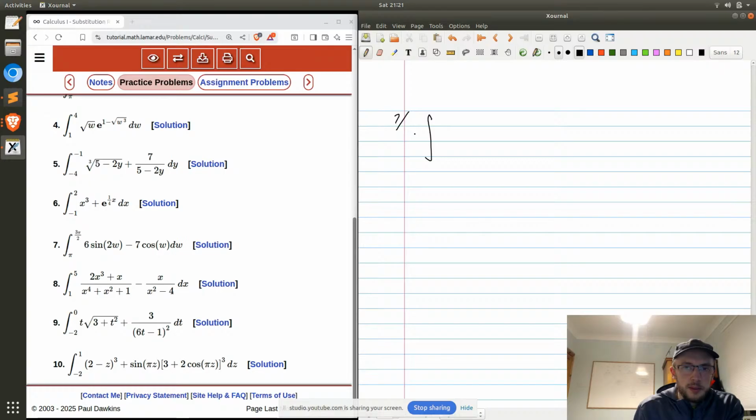So we integrate from pi to 3 pi over 2 sine of 2w dw, and take away 7 times the integral from pi to 3 pi over 2 of cosine of w dw. So what?